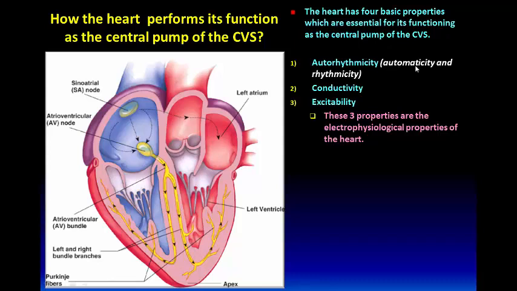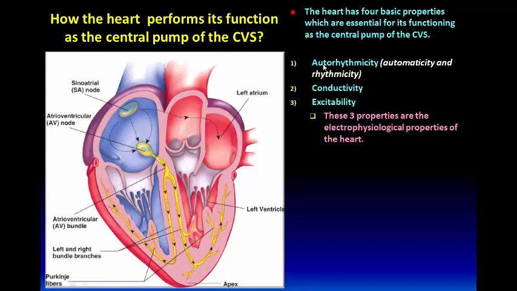And these cardiac impulses are generated in a regular rhythmical way, and this is what we call rhythmicity. Together, automaticity and rhythmicity are collectively referred to as autorhythmicity.